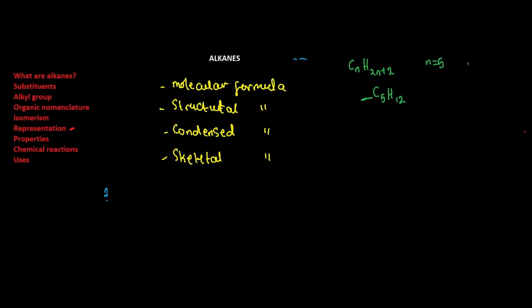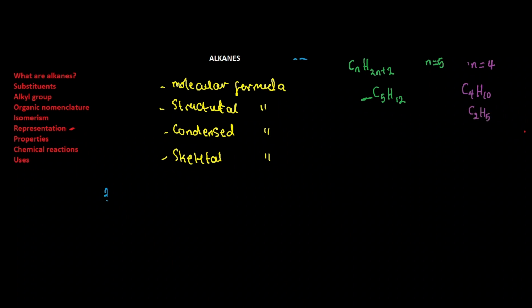Okay, we also have the empirical formula. So if we have, for example, n equal to 4, and we end up having the molecule C4H10, the empirical formula would be the formula that would give you the number of atoms in the lowest term.